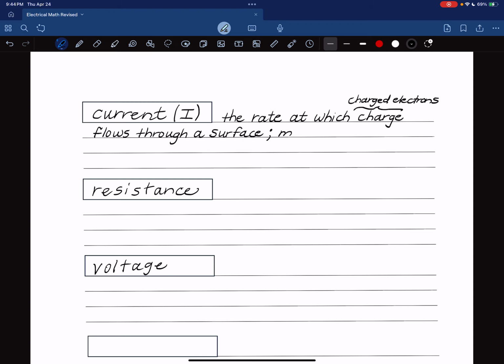Current is measured in amperes. And the symbol for amps is capital A. The rate at which charged electrons flow through a surface is current. The symbol for current is I, capital I, and the symbol for amperes is capital A.